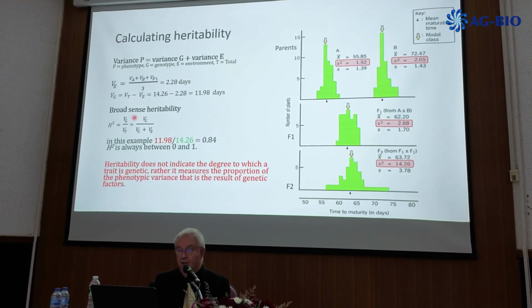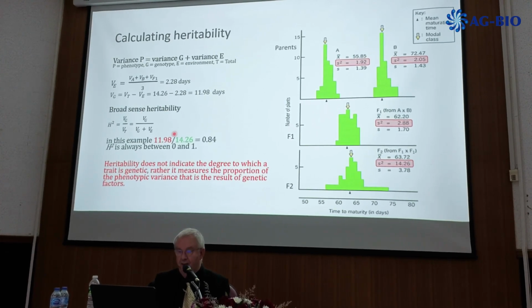The broad sense heritability compares the variance of the genotype to the variance of the genotype plus the variance of the environment. In this case, you have 11.89 calculated here, divided by the total, which is 14.26.